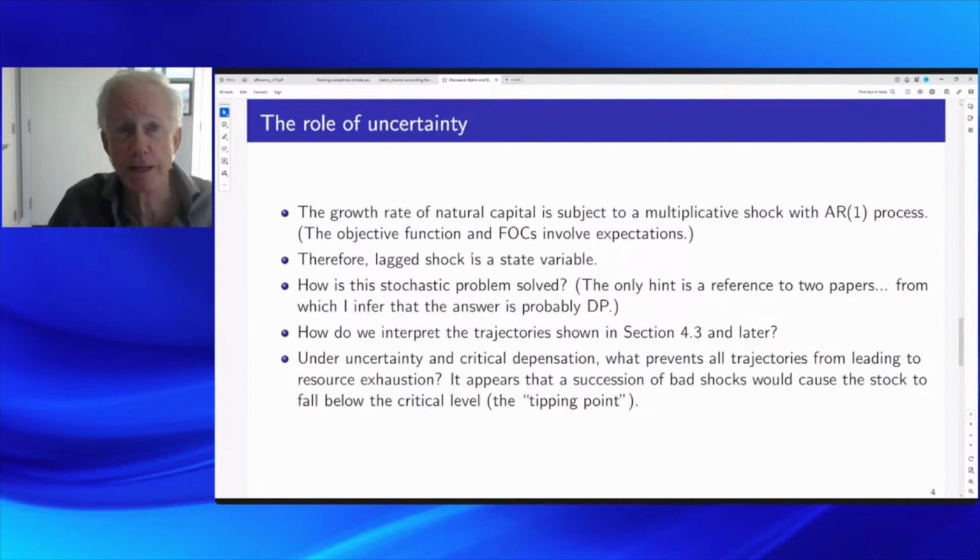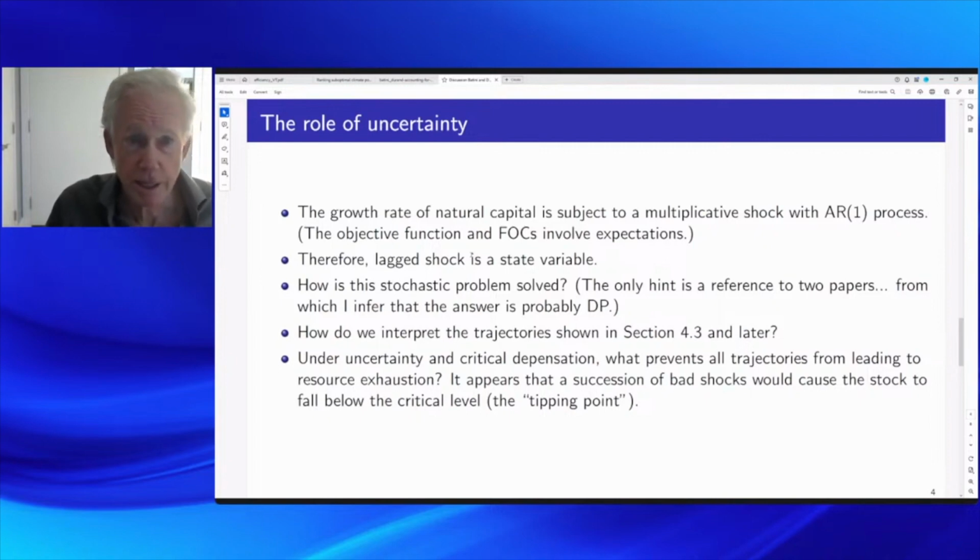I was puzzled by the role of uncertainty in this model. So we're told early on that the growth rate of natural capital is subject to a multiplicative shock, and you see expectations operators both in the statement of the problem and in the first order condition.